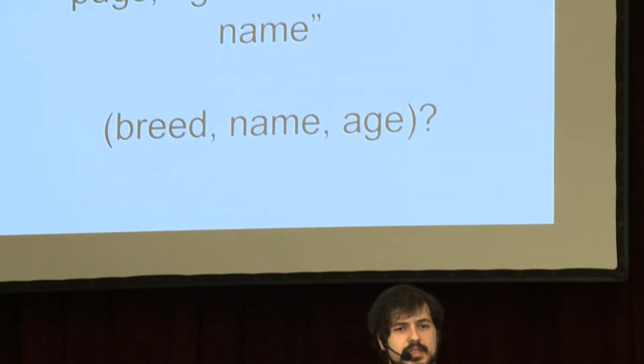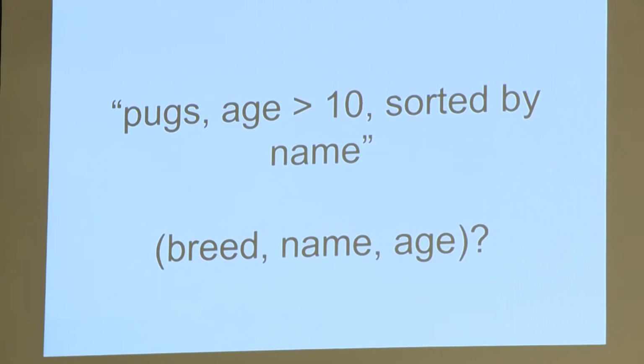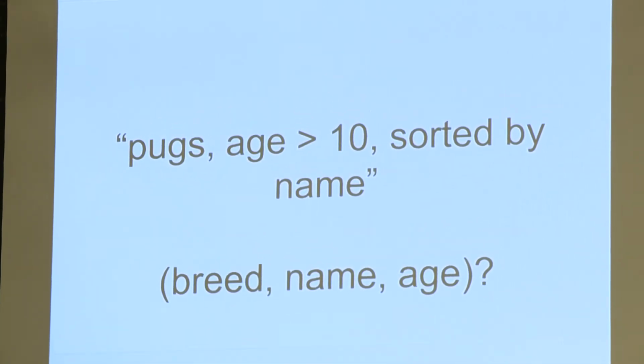Breed followed by age followed by name. No, right? Because you're going to get the 10-year-olds before the 11-year-olds, even if the name would be sorted differently. Okay, how about the other way around? How about we do breed followed by name followed by age? Well, then they're sorted, but the 1-year-olds and the 10-year-olds are kind of intermixed.